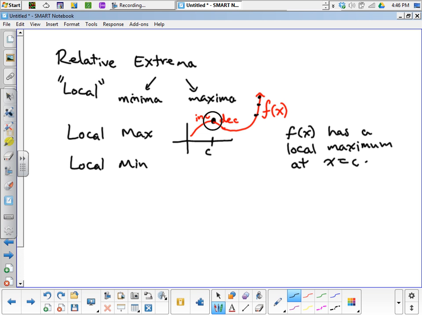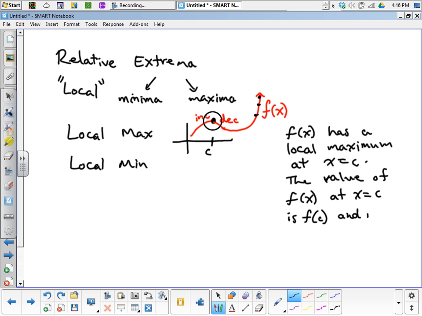Or you can put the value of f of x. I'm just teaching different ways of saying this: the value of f of x at x equals c is f of c, and it is a local max.